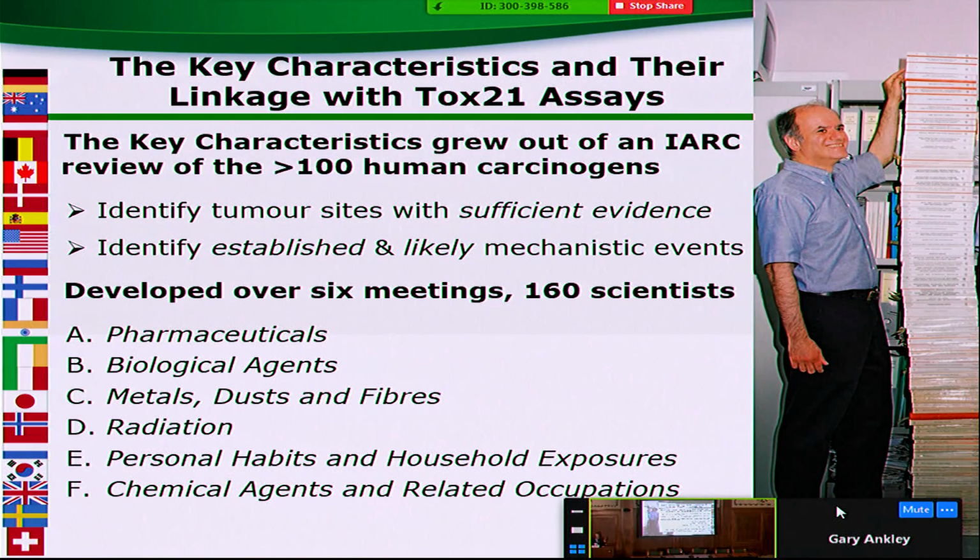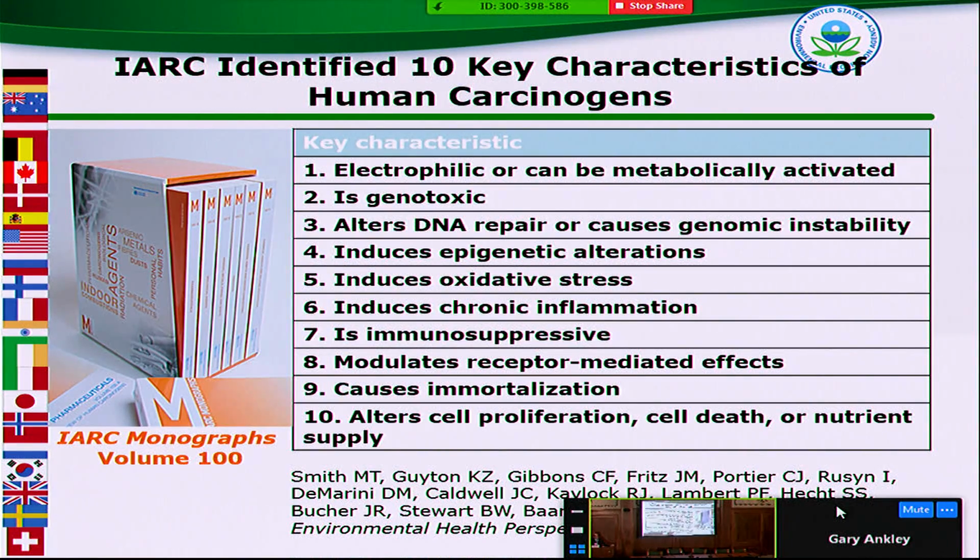So we developed this over the course of 6 meetings in 2 years involving 160 scientists. And we came up with 6 volumes of IARC monographs, but also later on, as Martin had said, we had a series of 2 workshops where we looked at the mechanistic data, and we eventually came up with the 10 key characteristics of carcinogens.